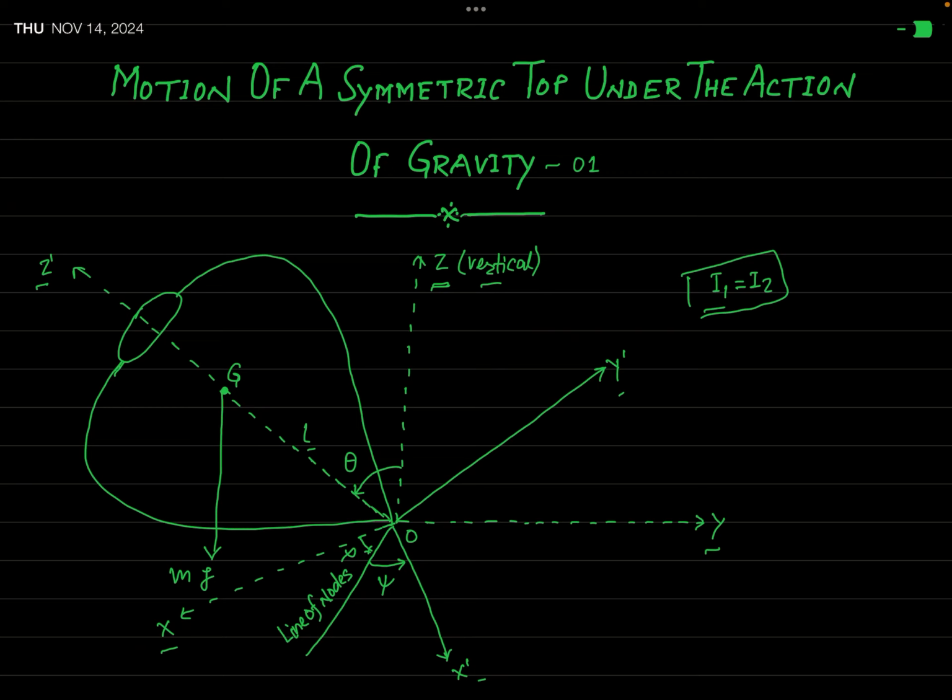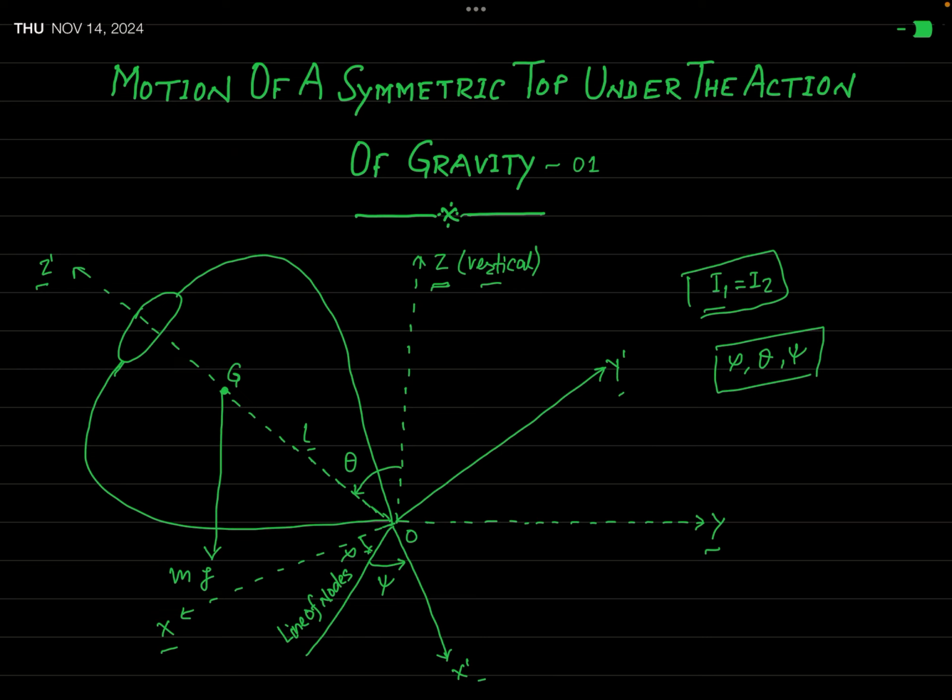And that rotational motion can be completely described by taking the three Euler's angles, which are actually angles of rotations, phi, theta, and psi, as generalized coordinates. So in this case, the most suitable set of generalized coordinates will be phi, theta, and psi, which are actually the Euler's angles. Okay?